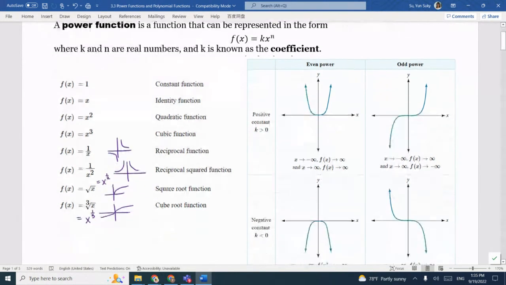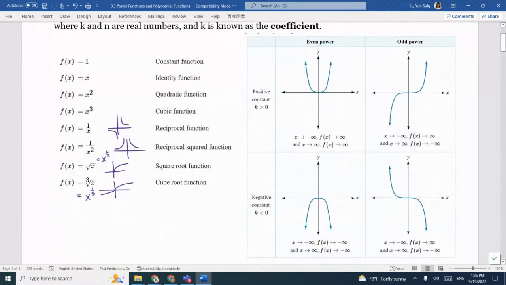Okay. And then, in general, for a power function, if the power n is a positive integer, it depends on whether it's an odd number or even number. This is the picture.